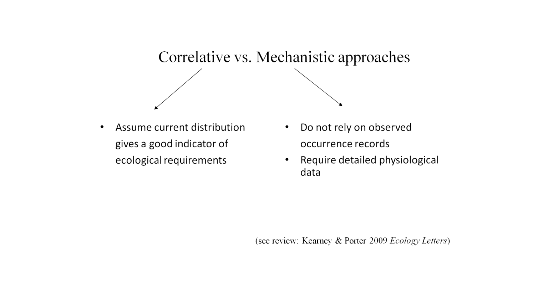But fundamentally, there are these two very different approaches to asking about modelling niches and distributions, and we're going to focus on correlative approaches, more statistical approaches, but bear in mind that there's a different approach out there that you can take and you might want to.